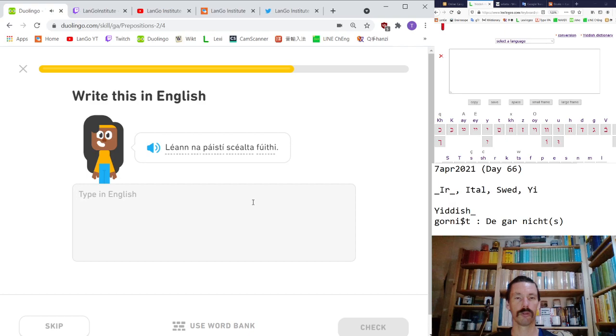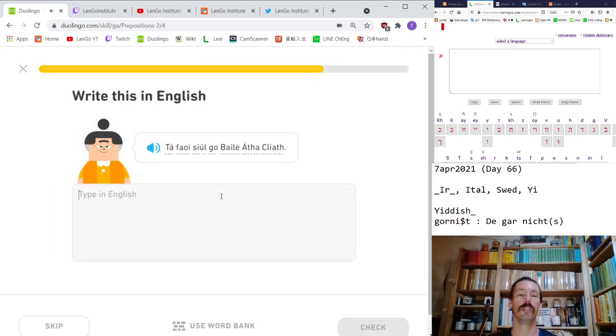Léann na páistí scéalta fúithi. Most common is palatalization, the letter I; second most, I think so far, is the E suffixed. Léann na páistí: the children read. Scéalta fúithi: stories about her. Tá fúthu siúl go Baile Átha Cliath.